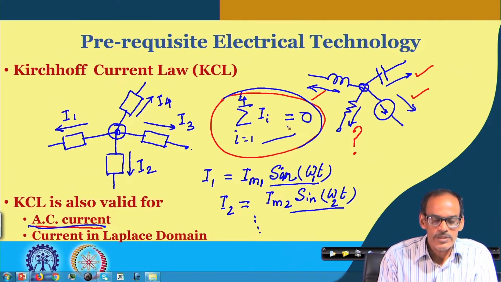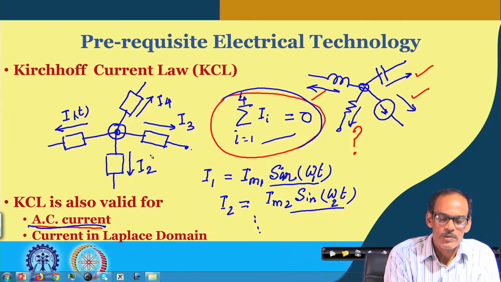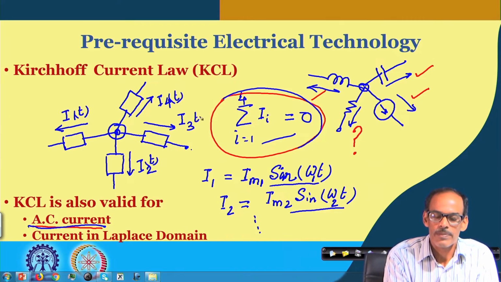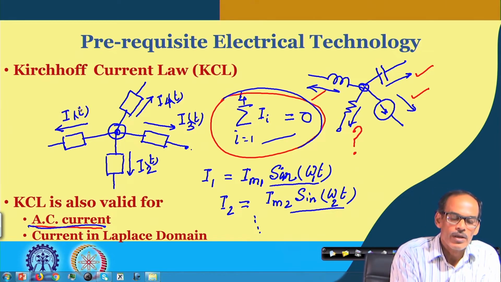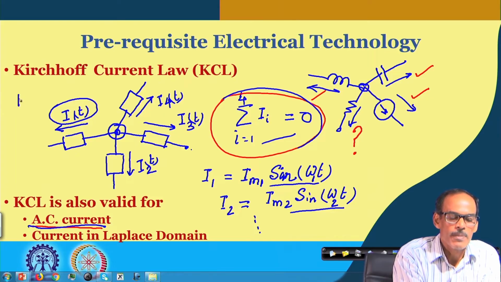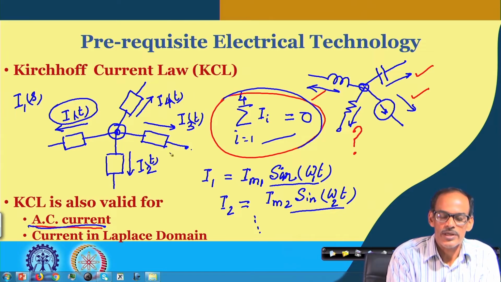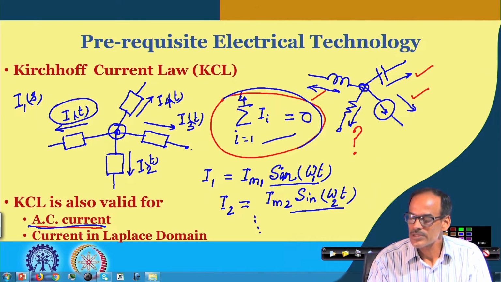And in general, say each of these currents is in the time domain. In the time domain, definitely this KCL is valid. What we will consider next is that each of these time domain signals, if you convert into the corresponding Laplace domain signal, say I 1 s, then I 4 s, I 2 s and so on, there also you can use this KCL.